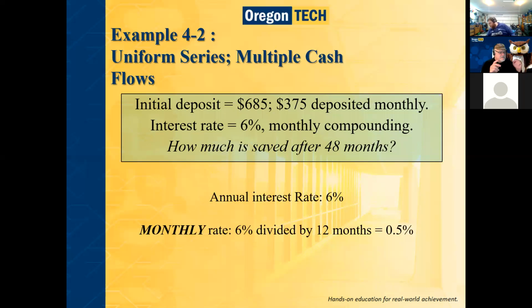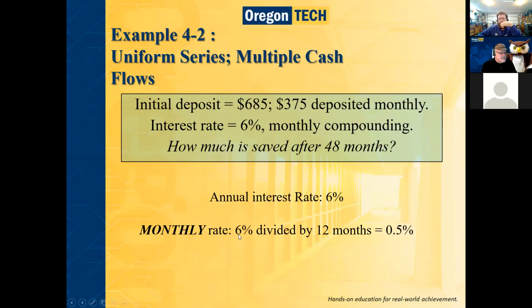So here's the tricky part, and this is what messes people up a lot. You're given an annual interest rate, but they're telling you it's compounded monthly. All right, so 6%, there are 12 months in a year. So you take your annual rate and divide it by the number of times it's compounded in that year.